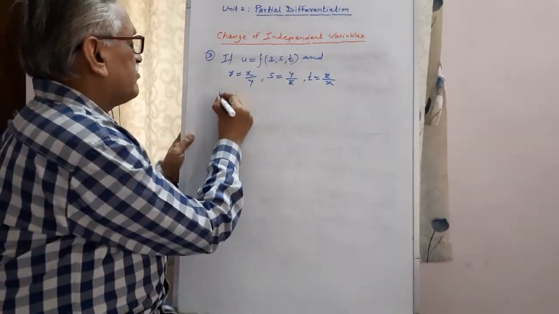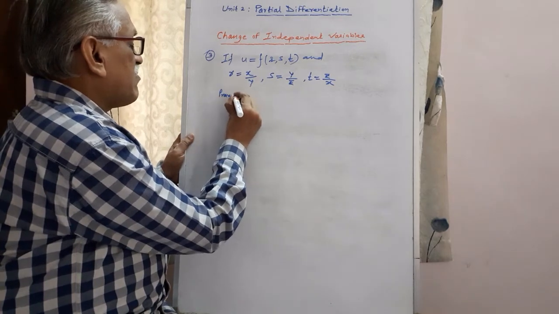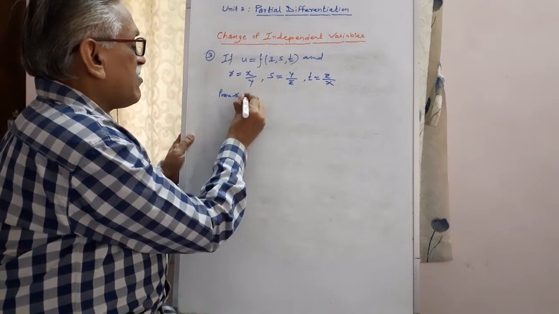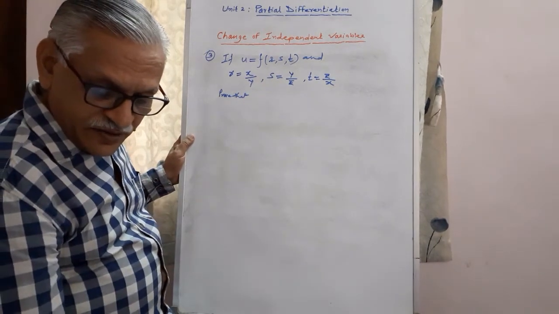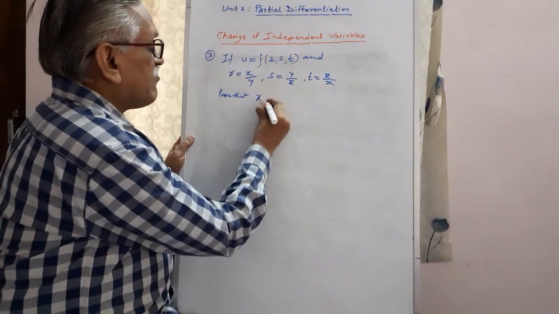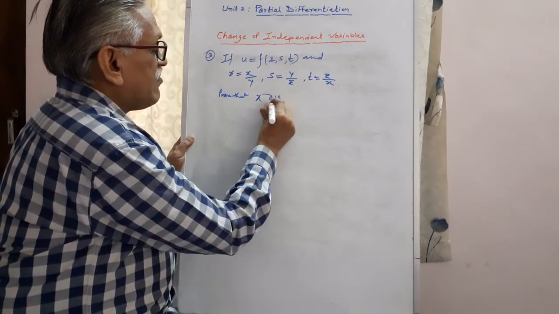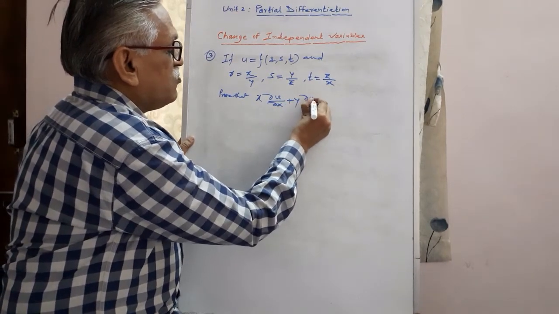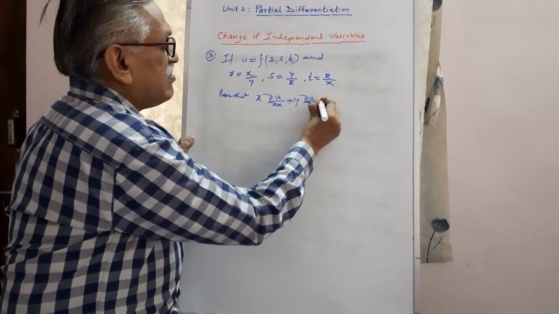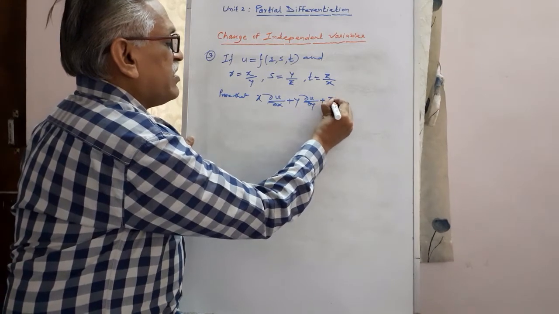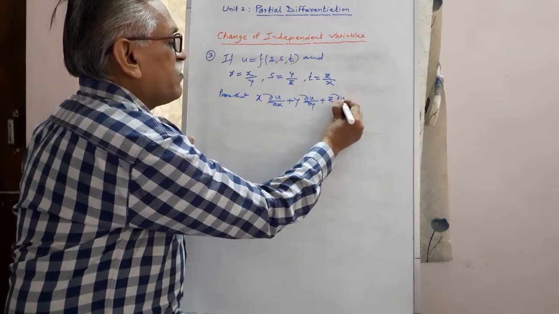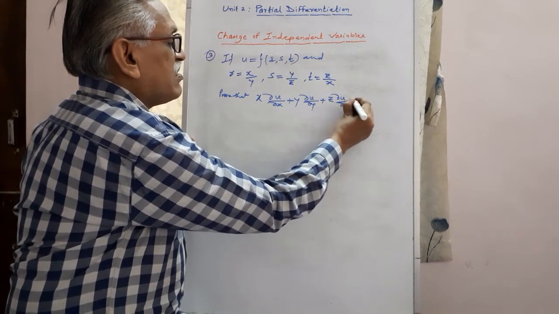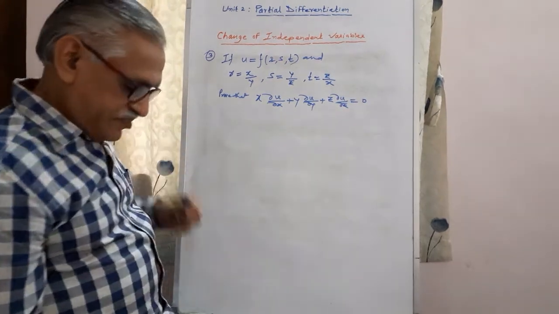Then prove that x dou u by dou x plus y dou u by dou y plus z dou u by dou z sums to 0.